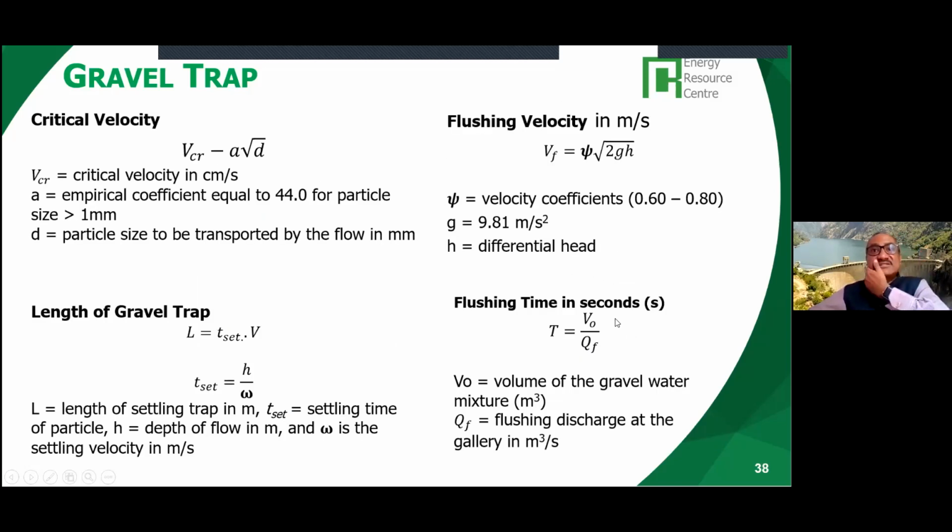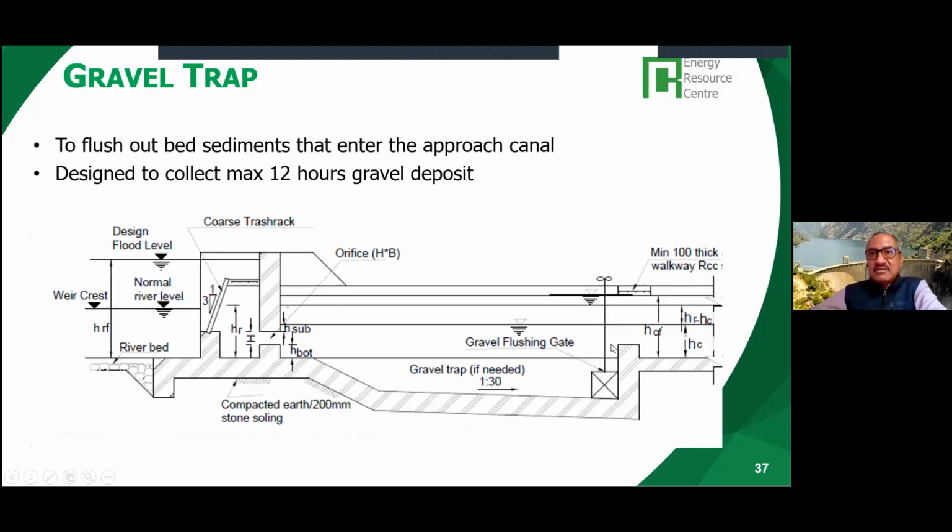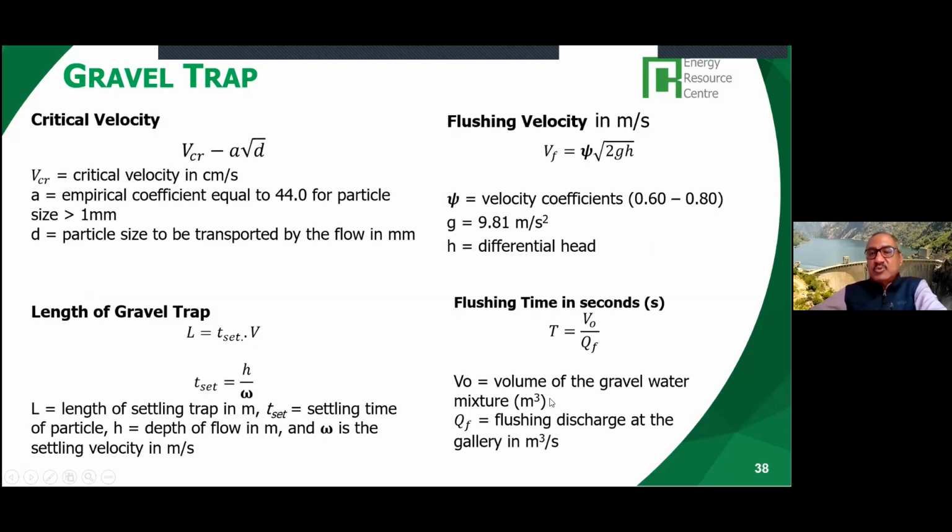So this is the flushing velocity, and the flushing time is the volume of the gravel water mix in cubic meters divided by the flushing discharge at the gallery. This flushing discharge is also decided based on the size of the opening of the gravel trap outlet.